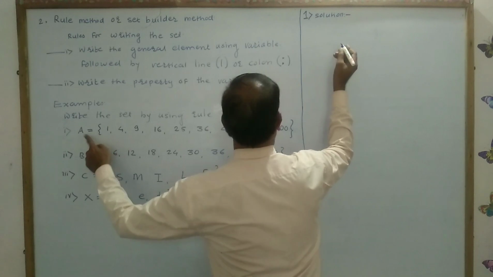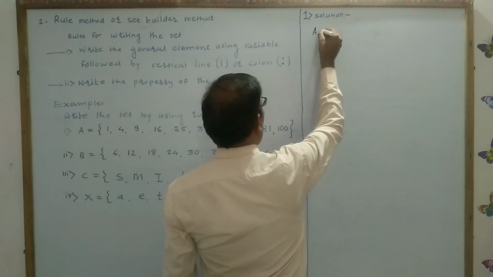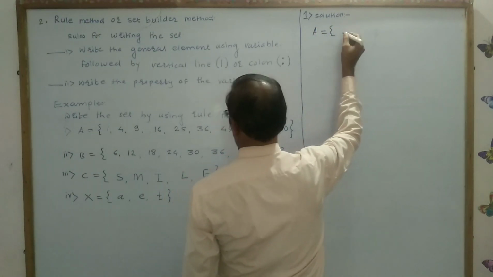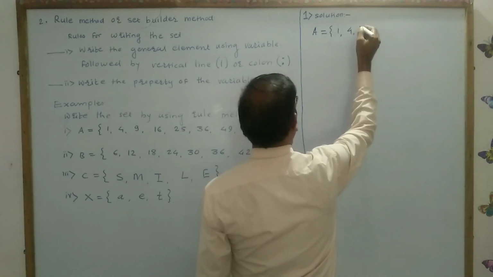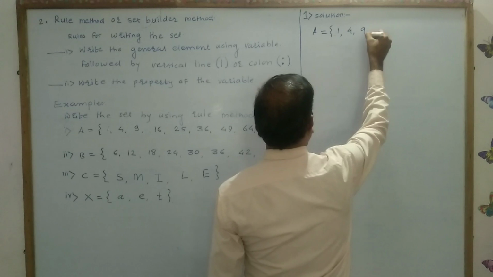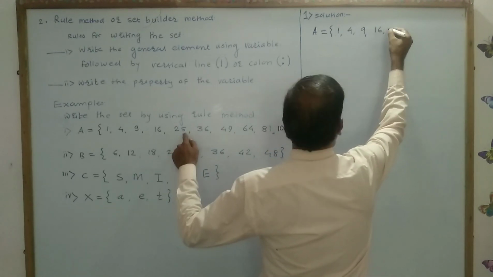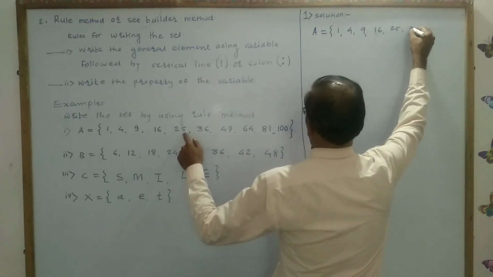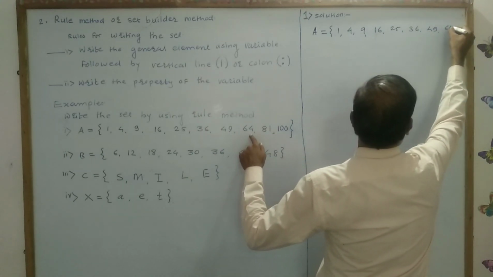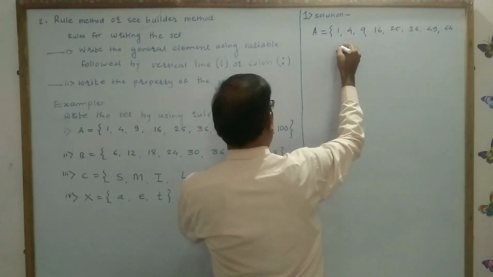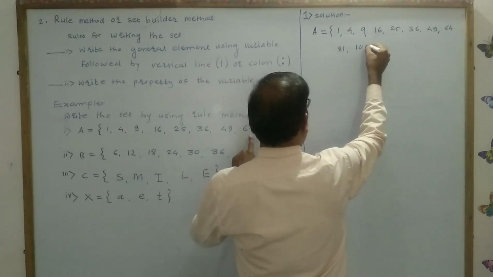Let us see some examples. First, set A is equal to 1, 4, 9, 16, 25, 36, 49, 64, 81, and 100.